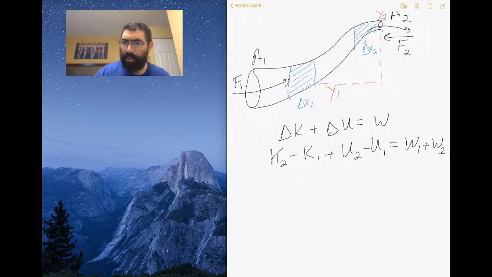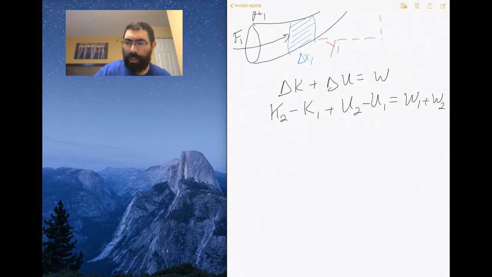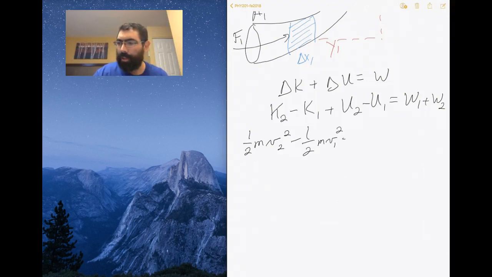So now let's plug in all of our equations. So we have for kinetic energy 1/2 the mass times the velocity 2 squared minus 1/2 the mass times the velocity 1 squared plus mass g y2 minus m g y1 is equal to the works being done.